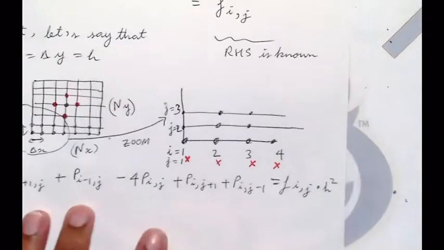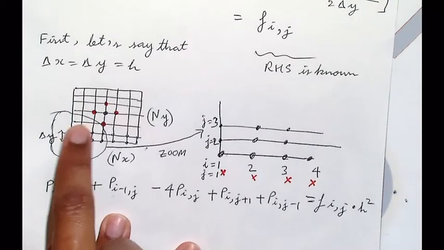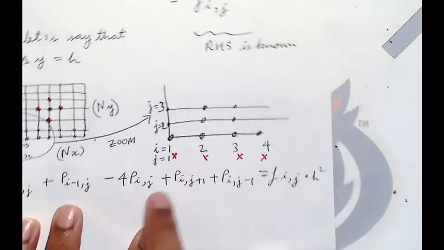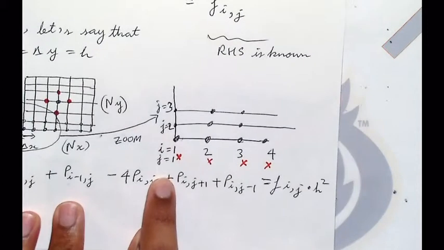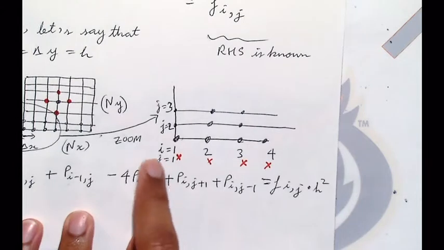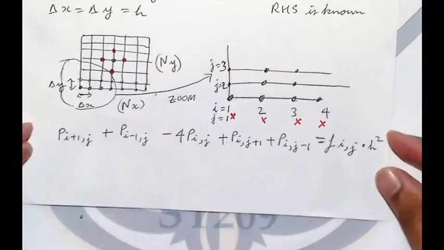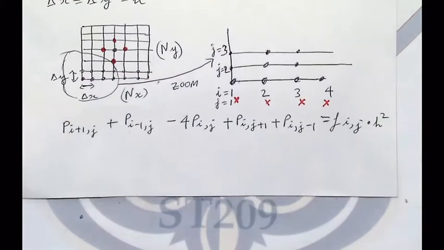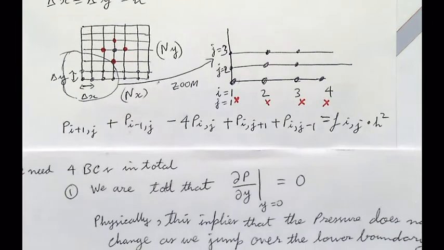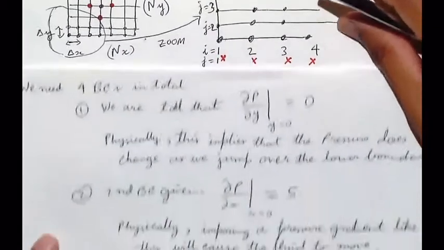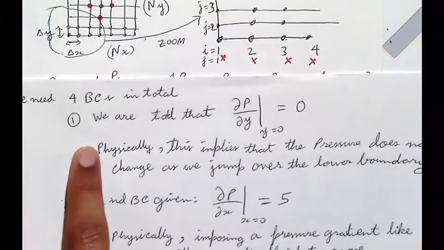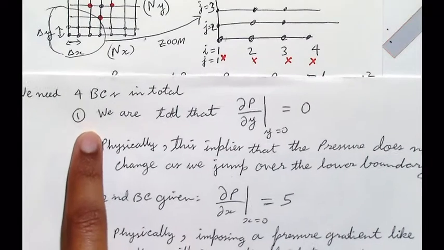Okay. And then we said we will only take a look at this left bottom corner, and we were writing out the individual equations for different i and j values. Okay. And this was the full general equation. And we use the fact that we know the boundary conditions on the left and bottom boundary.